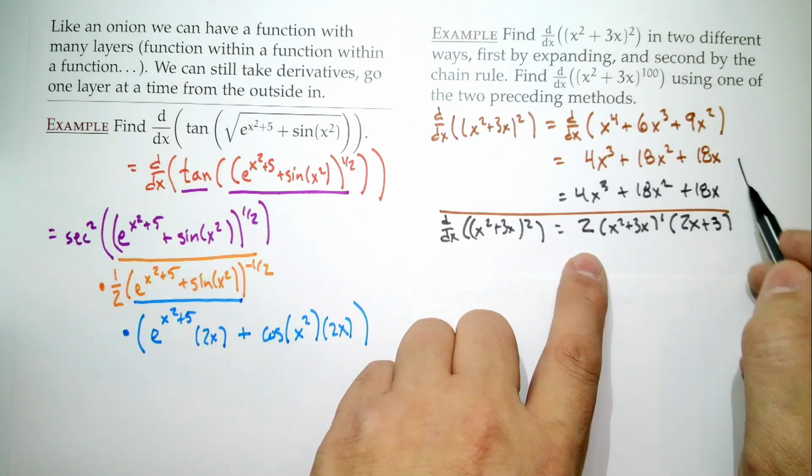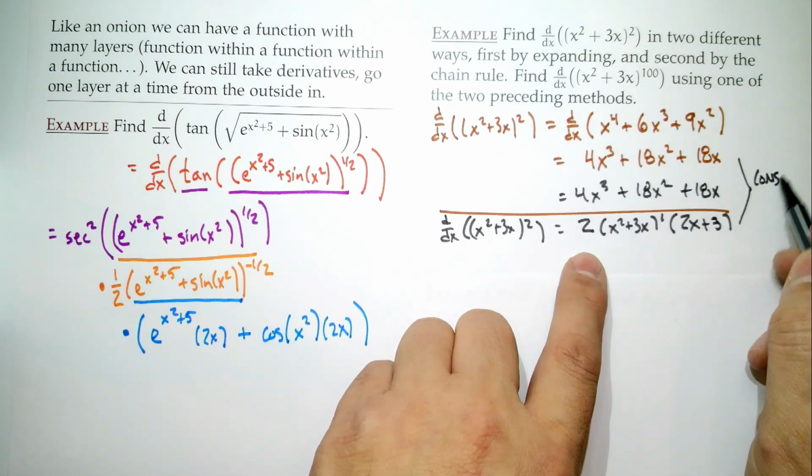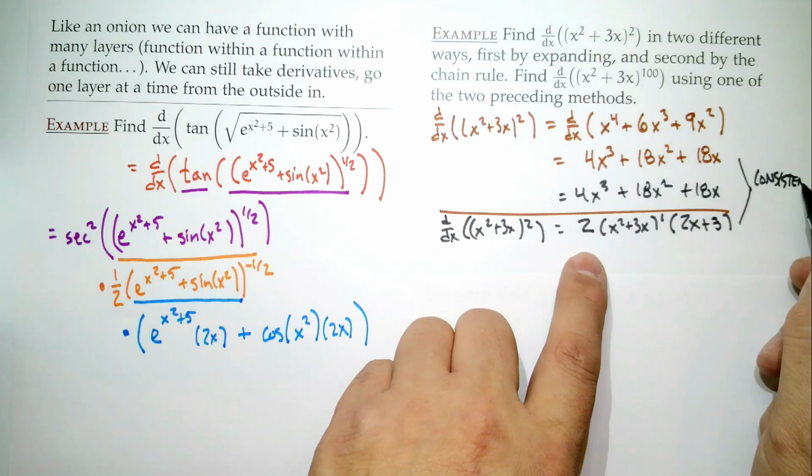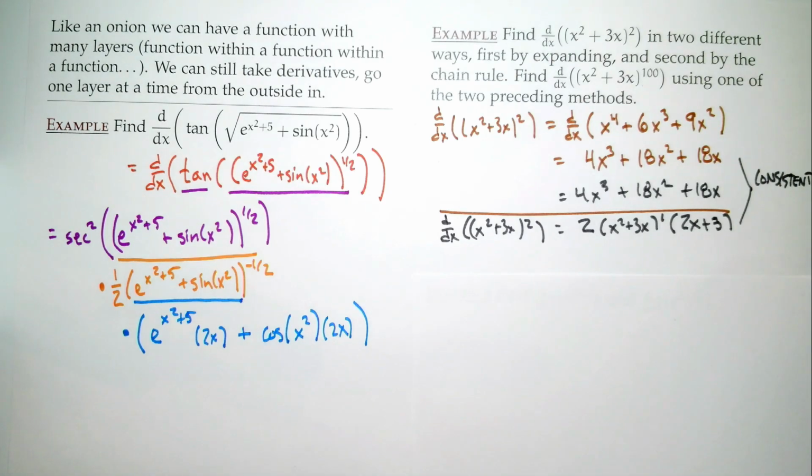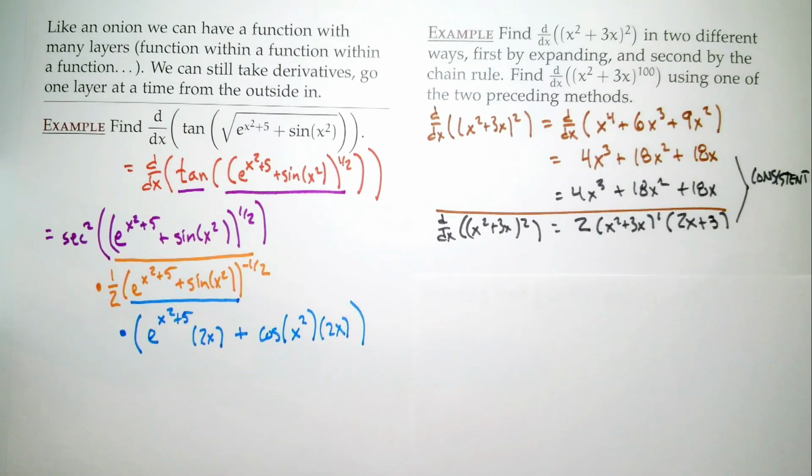So the good thing is it's consistent. In fact, this is true in math. If you have two techniques to answer the question, as long as you properly carry them out, you will get an equivalent answer. Like I said, it may take a while, you may have to manipulate it, but you'll get an equivalent answer.